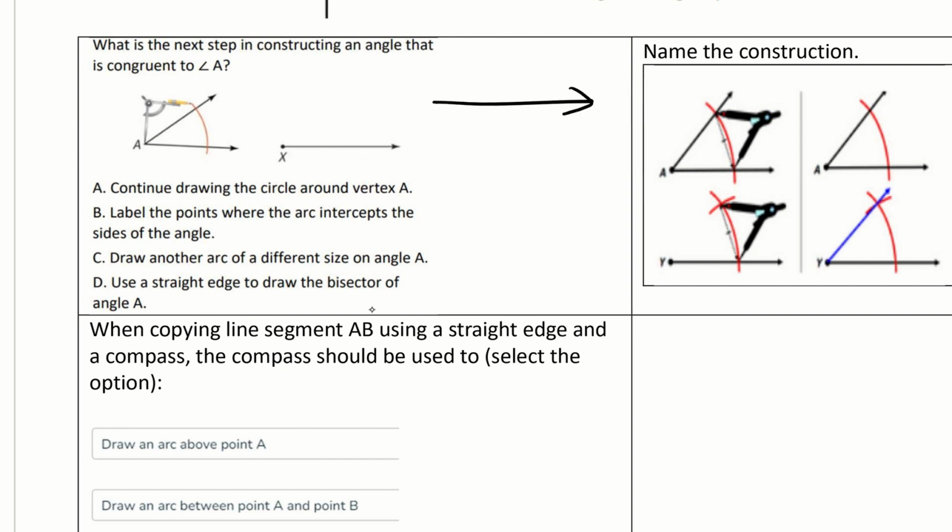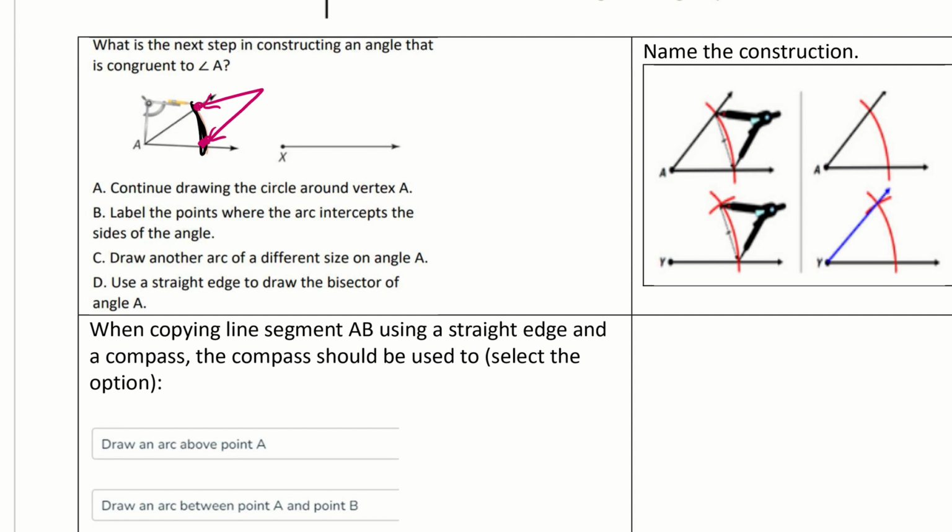Then, using the compass, you're going to draw an arc on both of these. Then you use the compass to measure the distance between here and here, and use that distance to mark from here to here and draw an arc. Then this distance that we measured is where you connect this here, and that's how you copy the angle. So those are all of the steps.